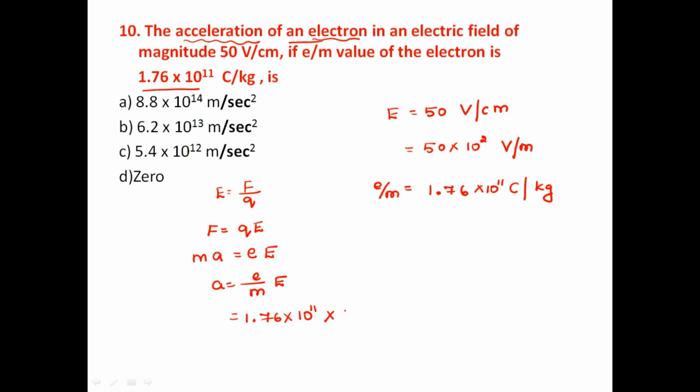Value of electric field is 50 into 10 to the power of 2. What are you going to get as the value of acceleration? It is 8.8 into 10 to the power of 14 meter per second square. Hence, option A is the correct option here.